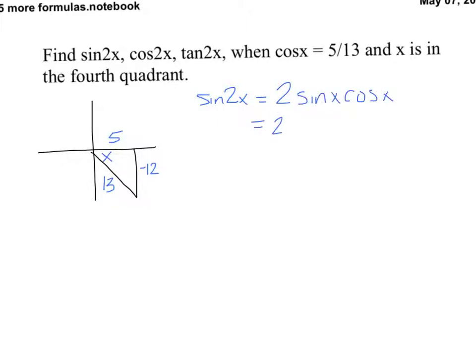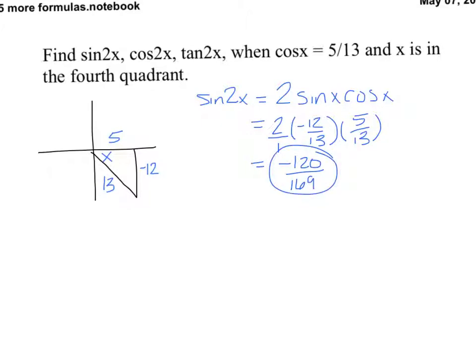So it's going to be 2 times the sine of x, which is opposite over hypotenuse, times the cosine of x, which is adjacent over hypotenuse. And so you get, see, that's 2 over 1, negative 120 over 169. That would be the sine of 2x.